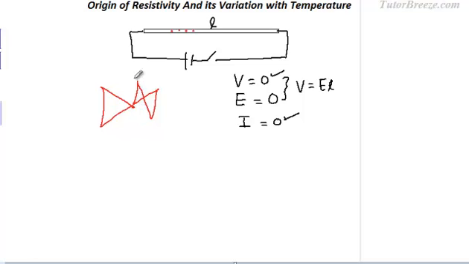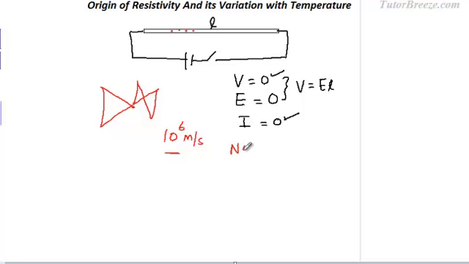These electrons have a very high velocity of about 10 to the power 6 meters per second, and they are moving around like molecules in a gas, but actually with much higher speed than molecules of a gas. But still there is no current through the conductor.